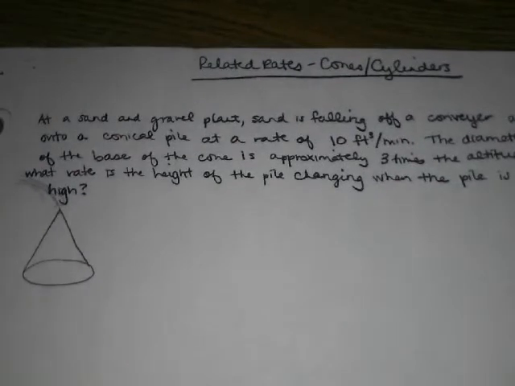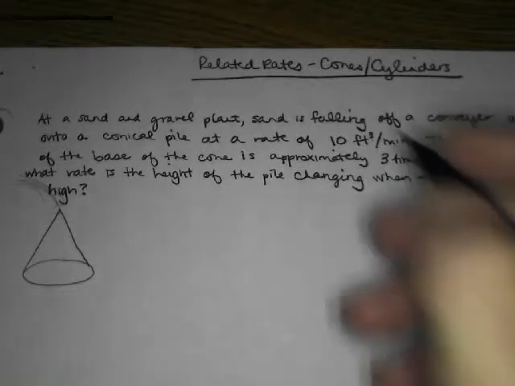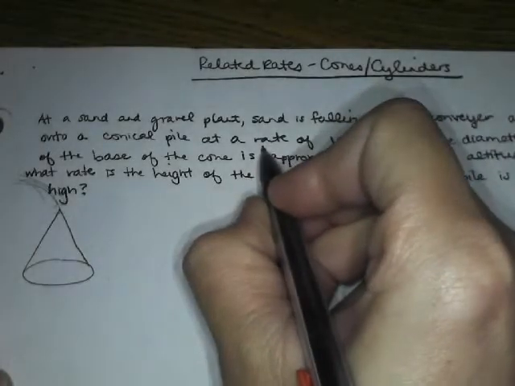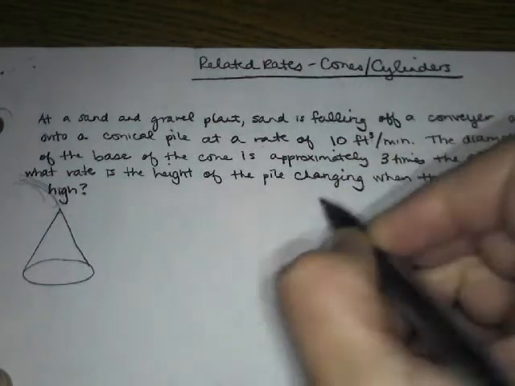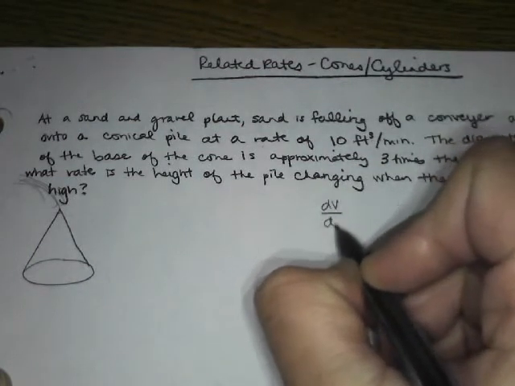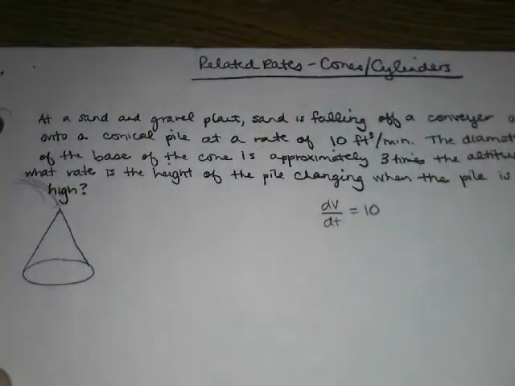We keep contributing to the size of that conical pile at a rate of 10 cubic feet per minute. So what is that? Not the area of the cone, it's cubic feet. Volume of the cone. And it's the rate. So the volume doesn't equal 10, but dV/dt equals 10.